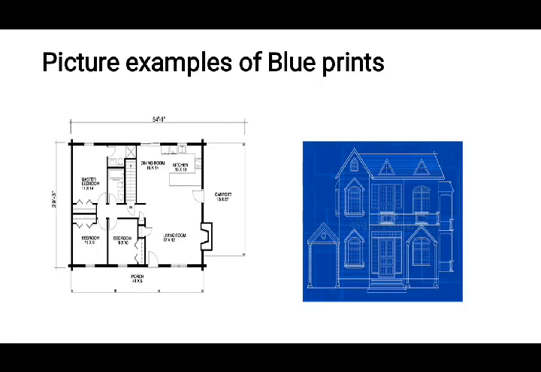For a normal student like you, if you are just looking at it, you will find it's just lines and numbers and names. But don't worry, when we get to class physically, I will explain and teach you how to read a blueprint.